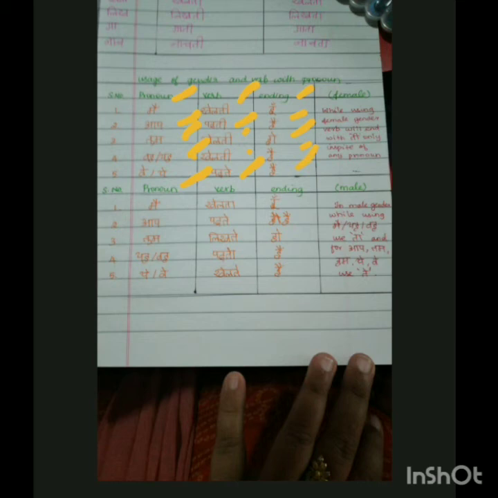In this you would have noted that all the verbs we have used end with the ee matra. In spite of the pronoun you use in a sentence, with the verb you should add the ee matra.